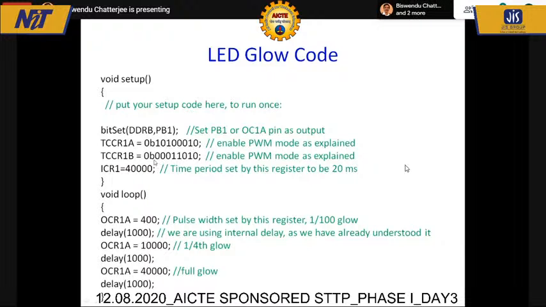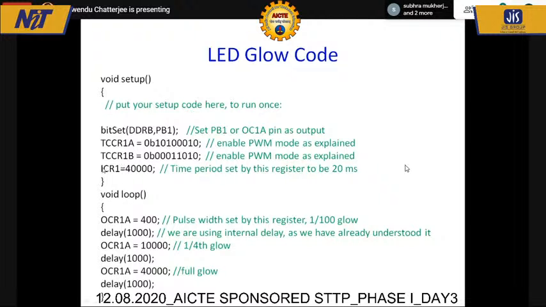These values I have already explained in detail. The last 3 bits were the clock control of 1/8, and this 1110 was the main mode of fast PWM, and 1010 was the sub mode of fast PWM, where ICR1 and OCR1A control the time period and pulse width respectively.